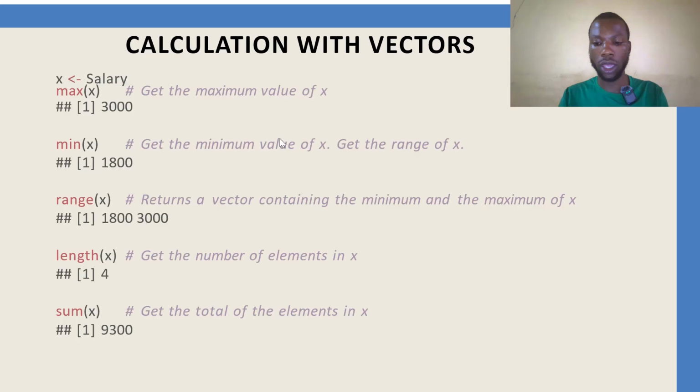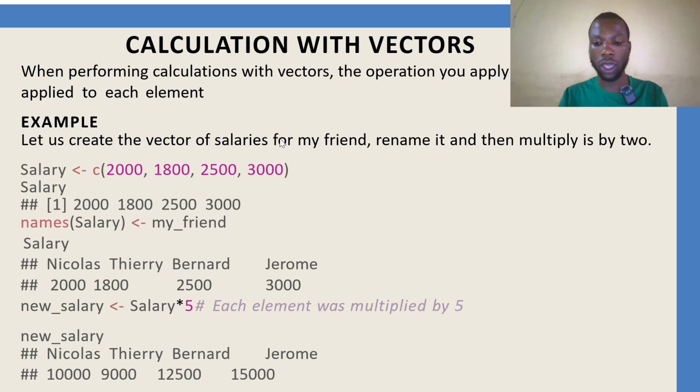You can also calculate the maximum salary. Let's say, for example, I have a salary variable composed of 2,180, 2,050, 3,000, something like that.